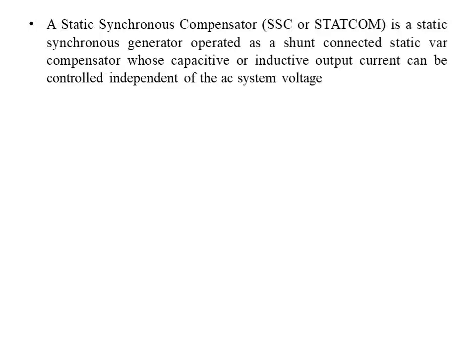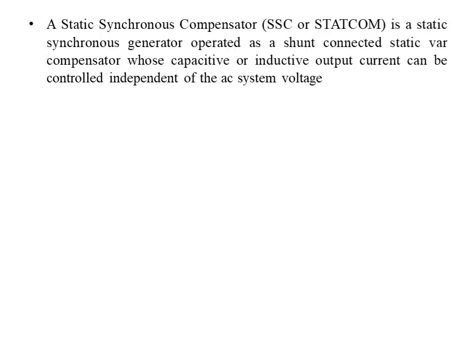Third type is static synchronous compensator or STATCOM. You are all familiar with this kind of compensator, where STATCOM is used in transmission line. This STATCOM is used on the distribution side for compensation of reactive power present in the system or to improve the voltage profile of the system.